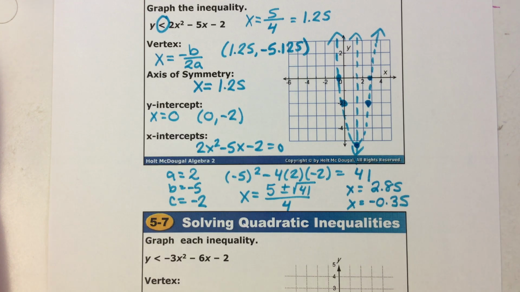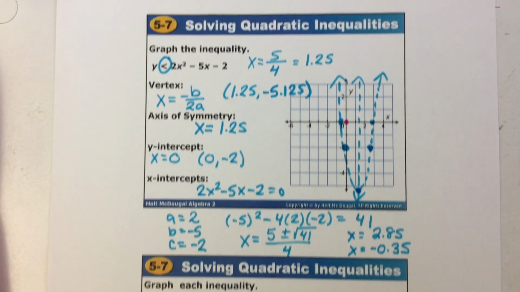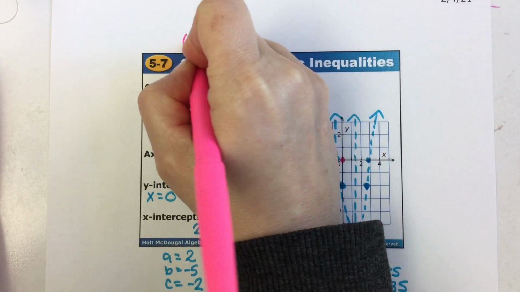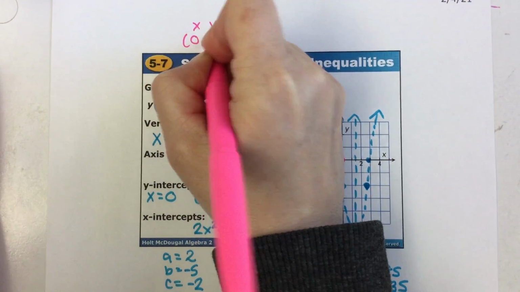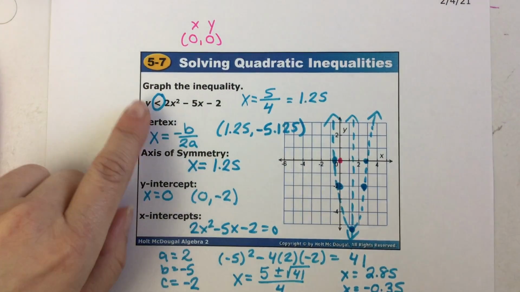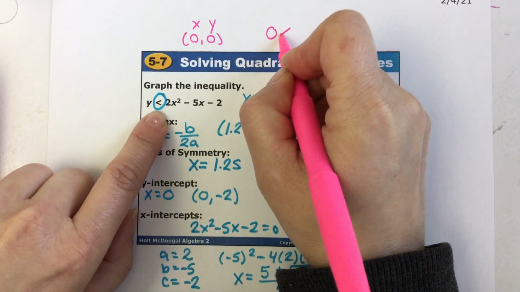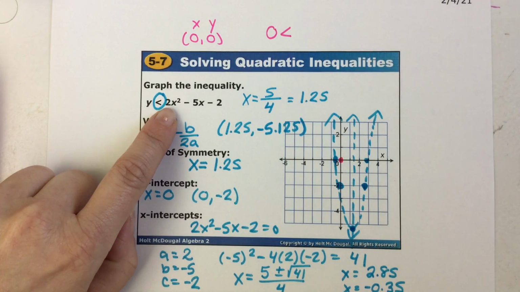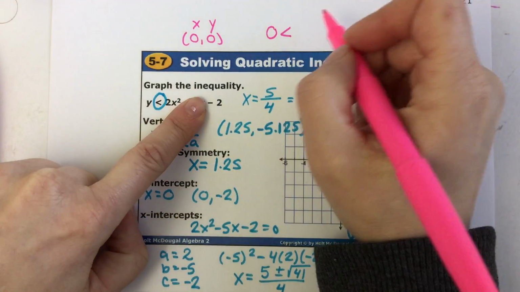Now we have to do a test point to see where we shade. Do we shade inside or do we shade outside? I'm going to try 0, 0 because that is inside of the parabola. If I am testing 0, 0, remember that means my x is 0 and y is 0. Is 0 less than, if I change the x's to 0, that would cancel, that would cancel.